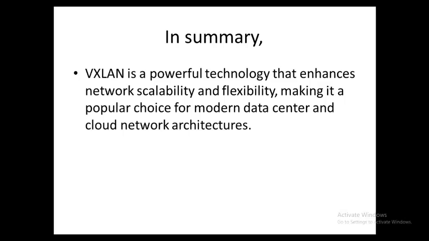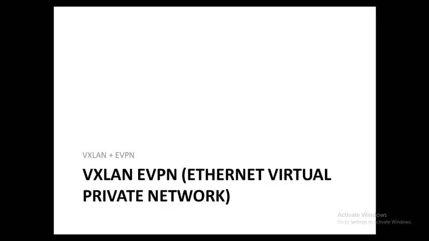What is this EVPN? It is Ethernet VPN, Ethernet Virtual Private Network. It is one of the BGP features that helps to replicate the MAC and IP information from one tunnel endpoint to other tunnel endpoints.